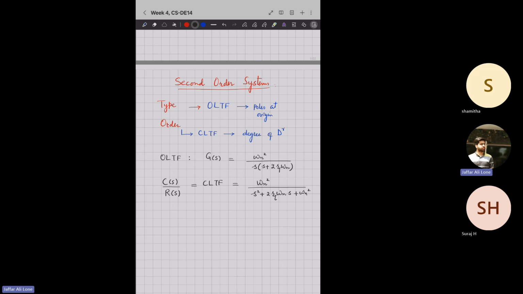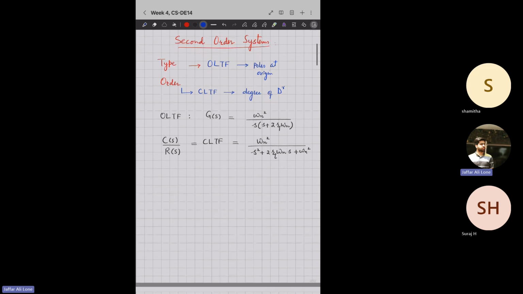But what is important here are these two variables: omega n, and second, zeta. Omega n is called the natural frequency, or natural undamped frequency of the system.